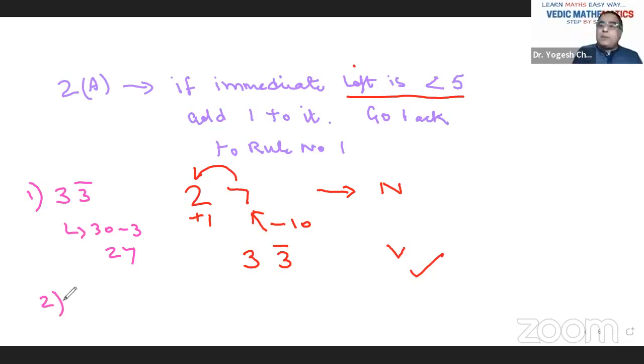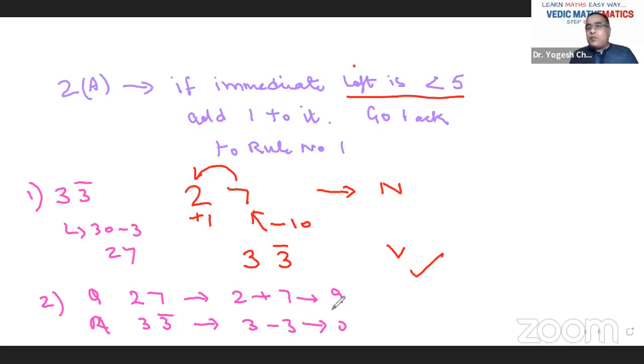Second is the concept of digit sum. The question part is 27, that means 2 plus 7, that is 9. On the answer side, it is 3 bar, so 3 minus 3 is equal to 0.